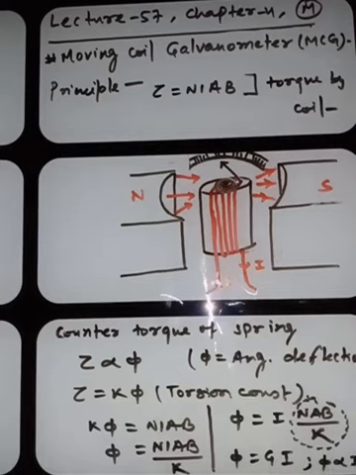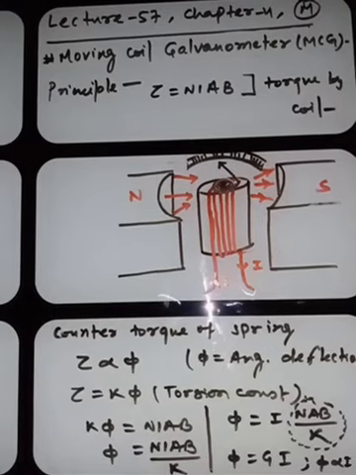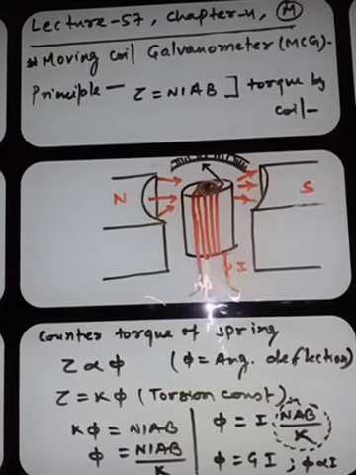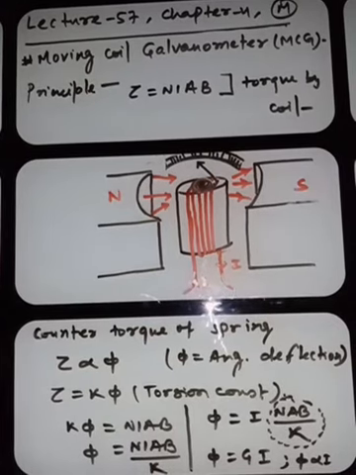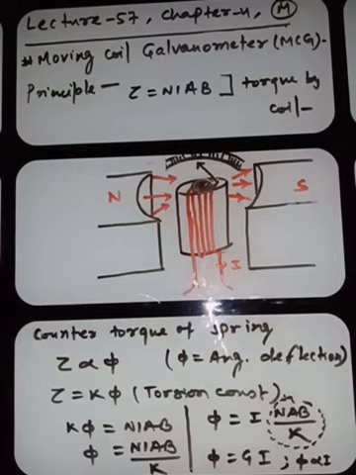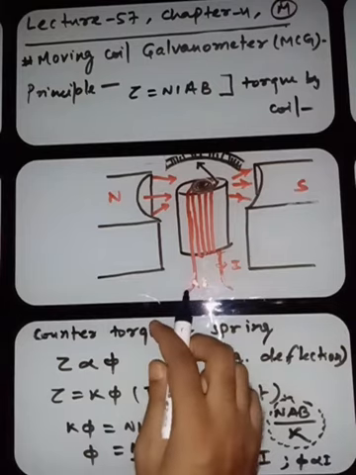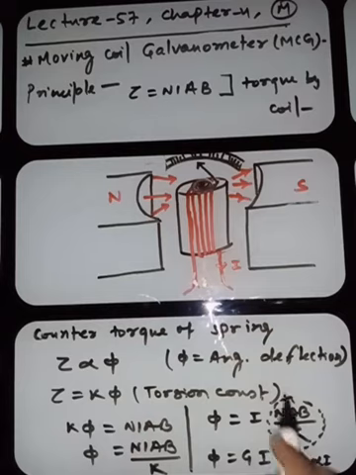Now you can see, my dear student, phi is directly proportional to I. Thus phi is directly proportional to I, it means as you increase the current, the deflection will increase. What is phi? Phi is the angular deflection.